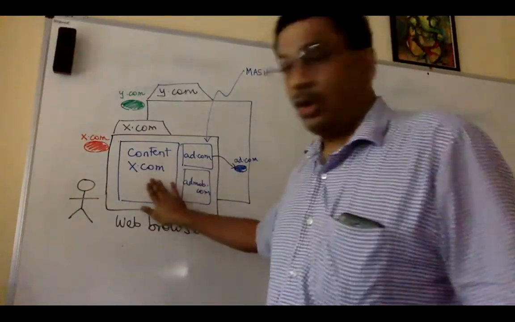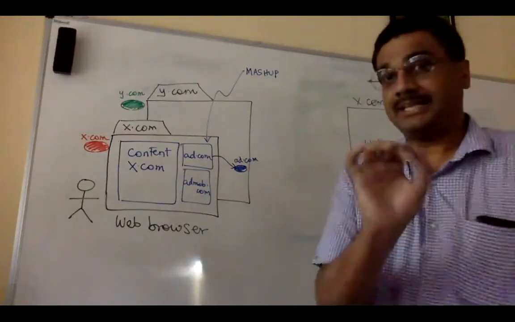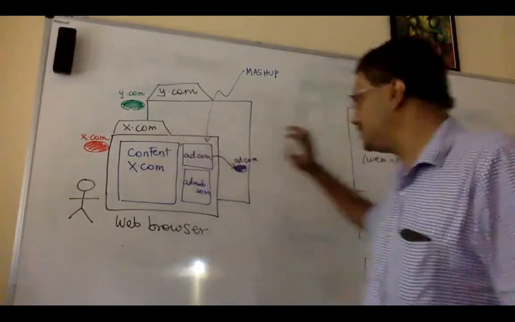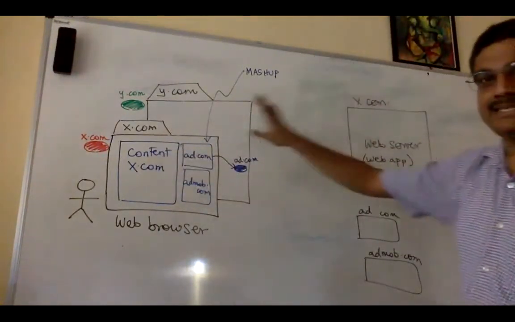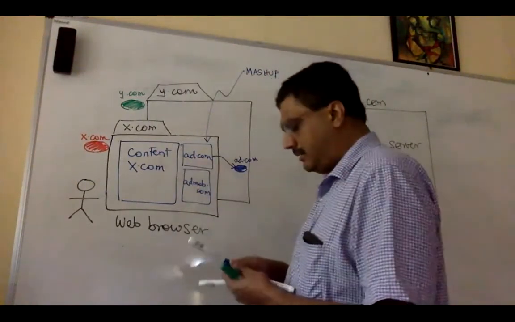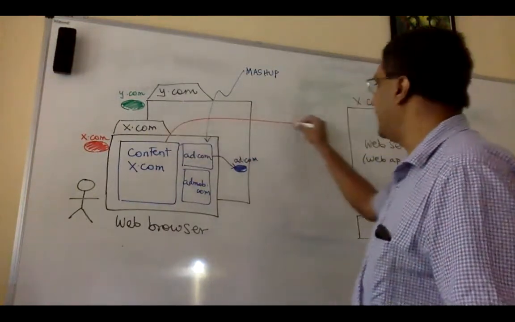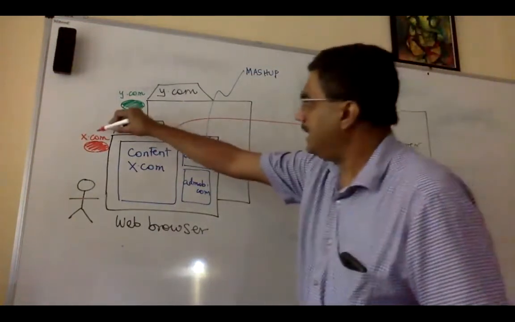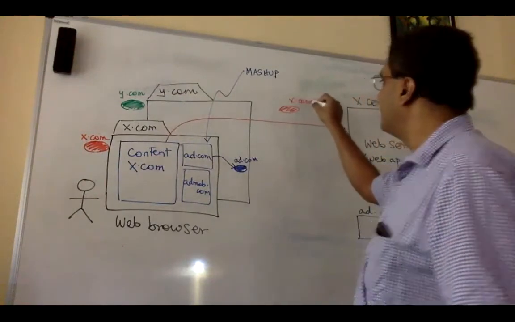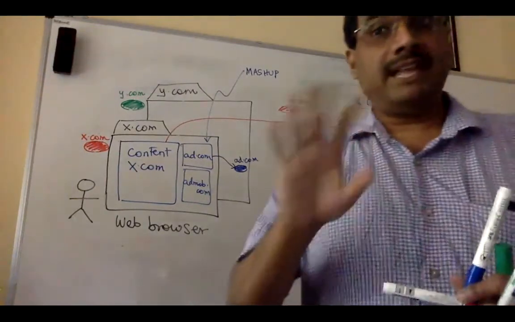The code is a combination of HTML, JavaScript, and so on, but it's still code executing on your browser, code that was generated by this guy over here and sent over to you. So it's important that when this content is sending a request over to, let's say, x.com, this x.com cookie accompany that request. It should not be any other cookie. This is very, very important.